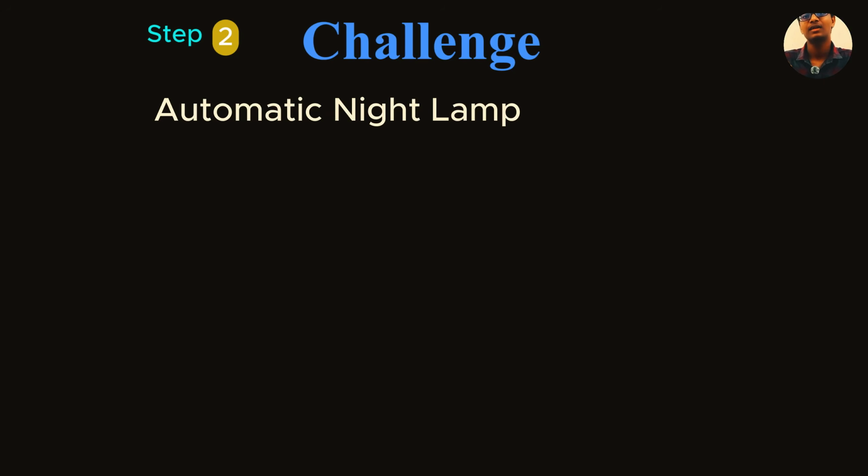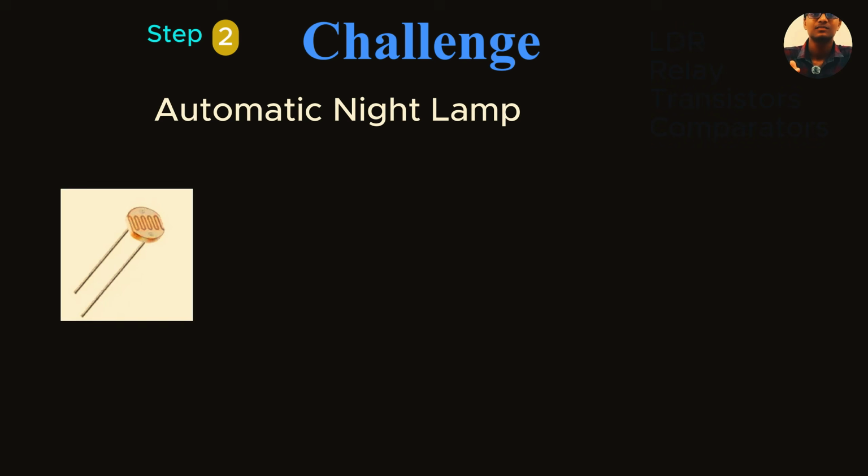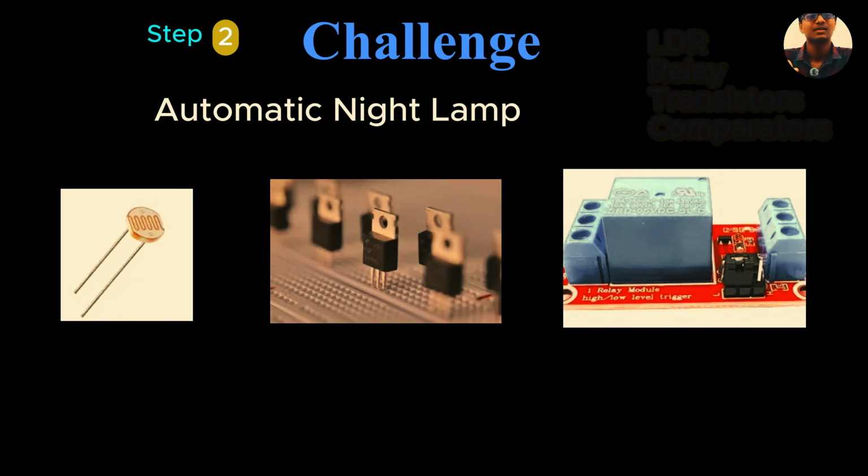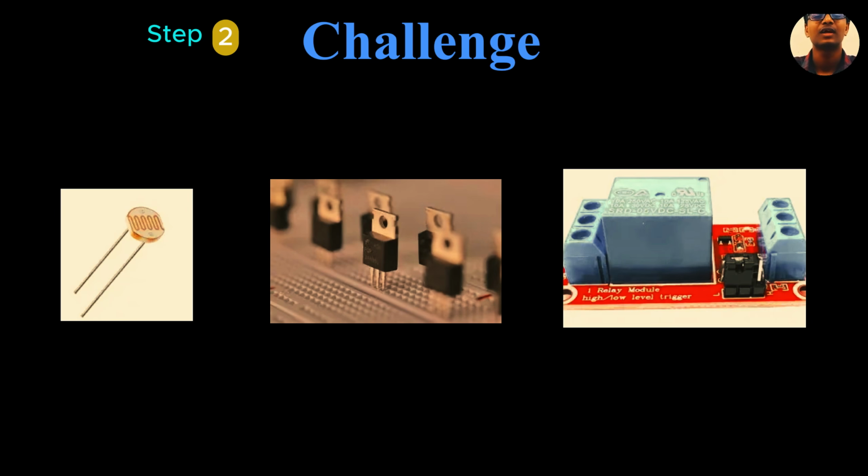Design an automatic night lamp using LDR, relay, transistors and comparators. You are not using any microcontroller here because you only need the transistor gates and the comparator to process this information.